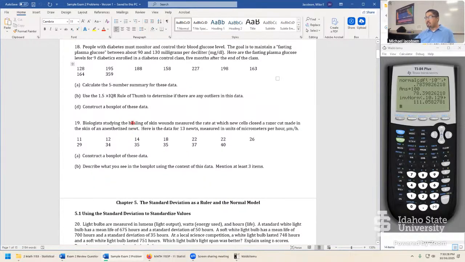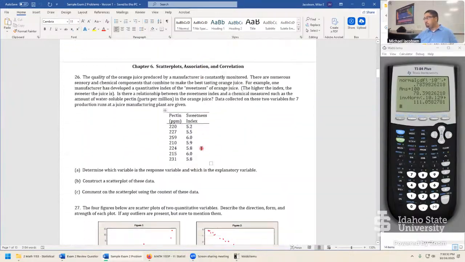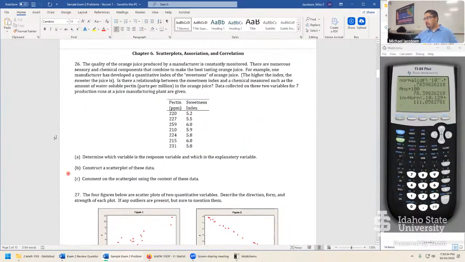You need summary statistics and then build a box plot. We did chapter 5 and chapter 6, pretty similar to the very first question, 26 right here. This one is pretty similar again to the actual quiz question as well. I'll leave it up to the class. Any direction that we should go to next for further review? Yeah, go ahead.